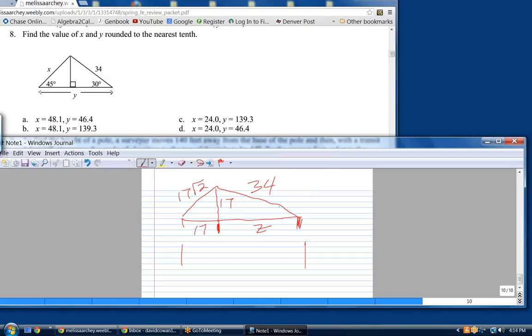Using similar triangles, because this is a 30-60. Once you get the hang of using similar triangles, it's far easier than the Pythagorean theorem. You don't have any big square root thing to deal with. Okay. You see how easy this is to solve for z if I know this.